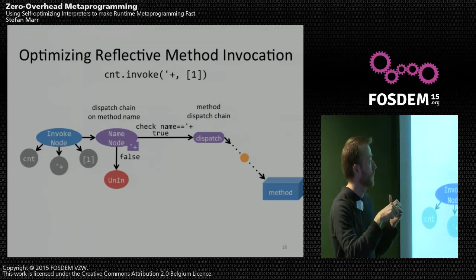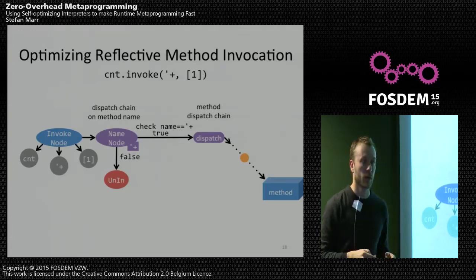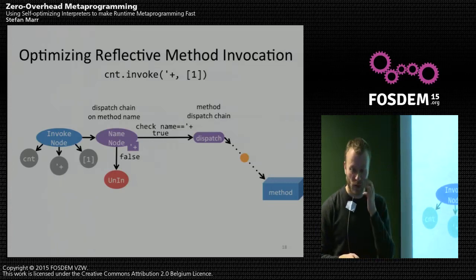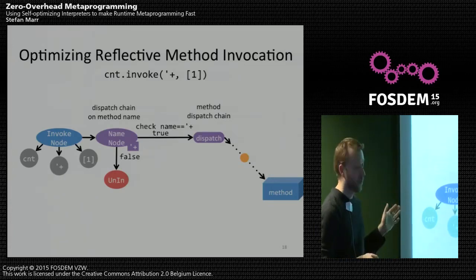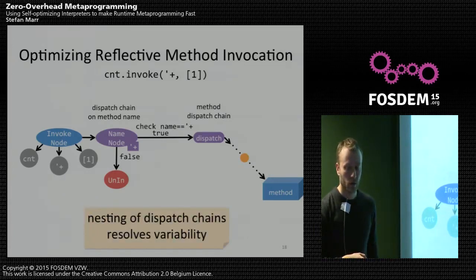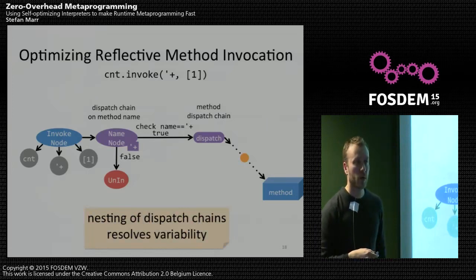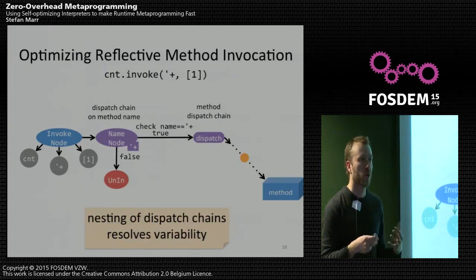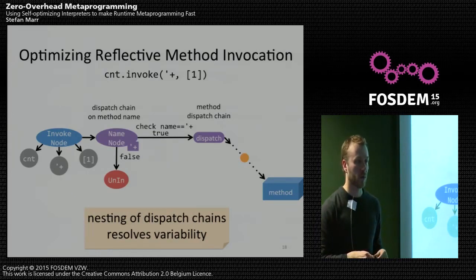So here we will again have an integer node, and then we can cache and inline the plus operator. That provides enough information to the just-in-time compilers and optimizers, and allows us to completely remove the overhead of reflective method invocation or reflective field accesses.